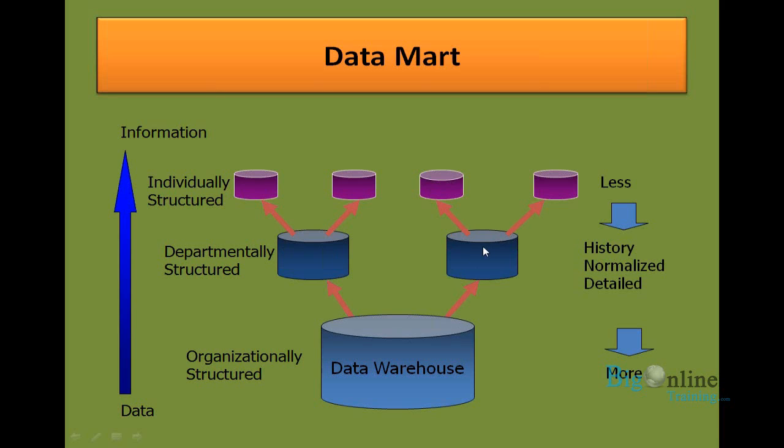Then in employees information, I want to divide branch wise. My company can have multiple geographical areas, so I want to maintain US information in one database, India information in one database, and UK information in one database. Further I can divide it.